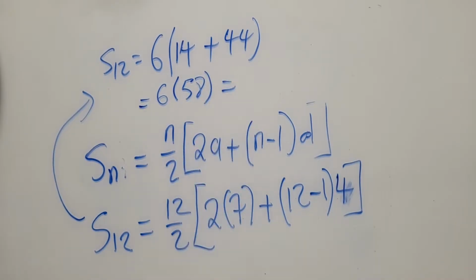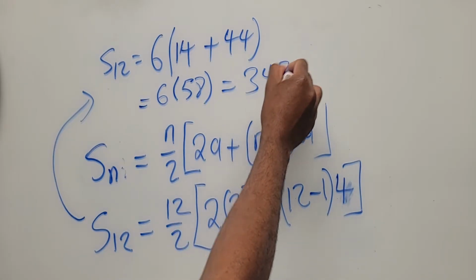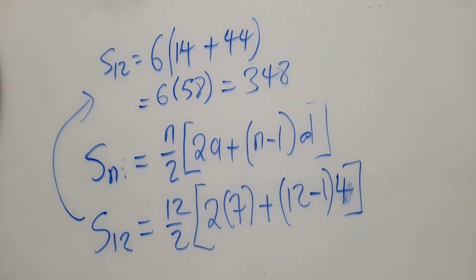Then we multiply 6 by 58, which gives us 348. So the sum of the first 12 terms is 348.